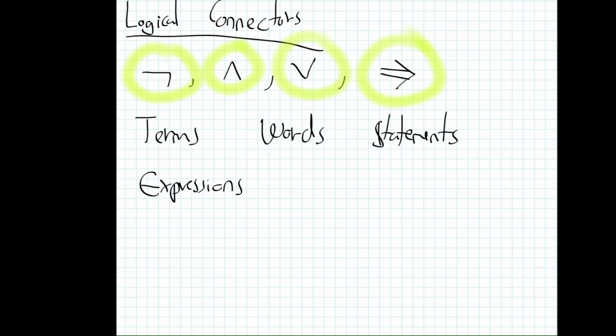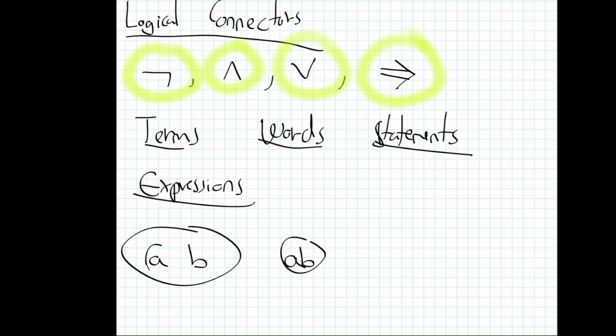which are all very abstractly mentioned, but basically terms, as described previously, they're the most abstract form of symbol. Any symbol you can come up with. A word is a combination of these terms.